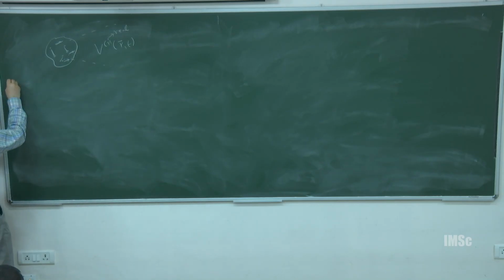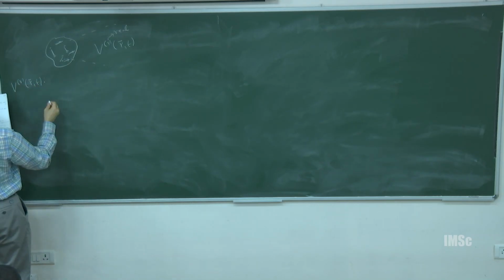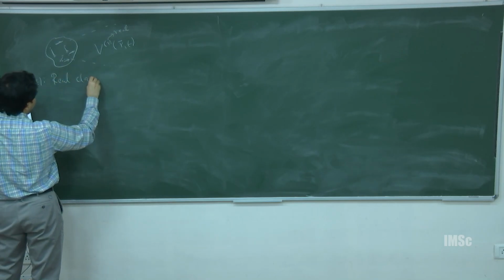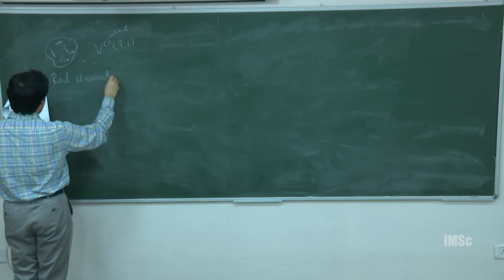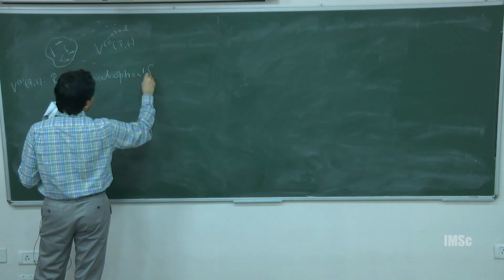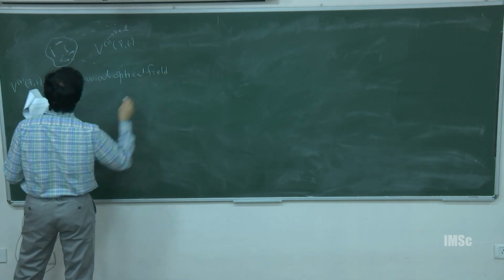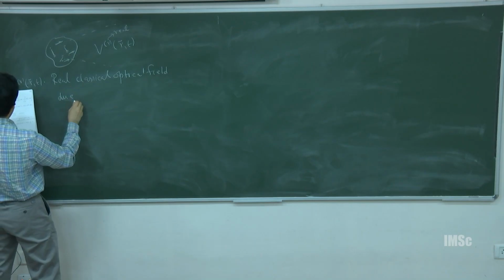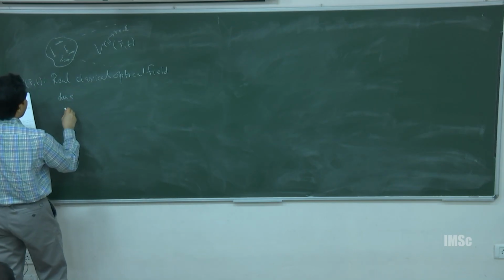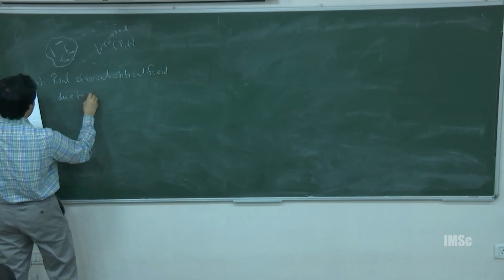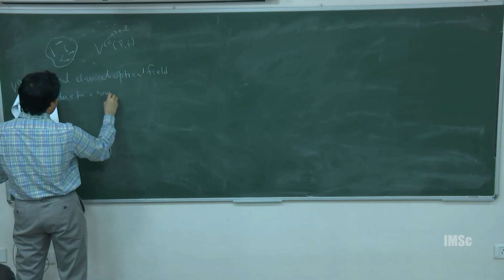So this v of r, t is a real classical optical field emitted by the source.